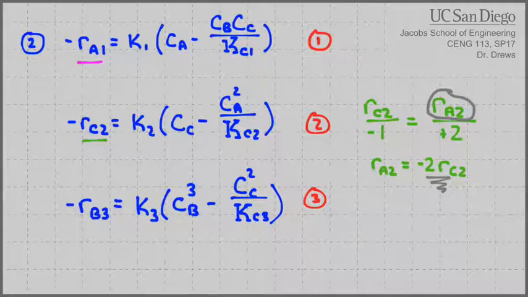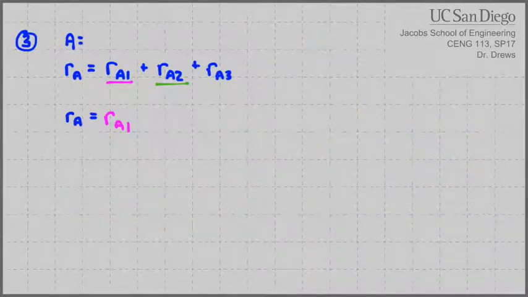Second step was write the rate in terms of that species. So you'll typically have to use these stoichiometric relationships to do so. So I'm going to take that -2 RC2 and put it over here. So now we have -2 RC2.